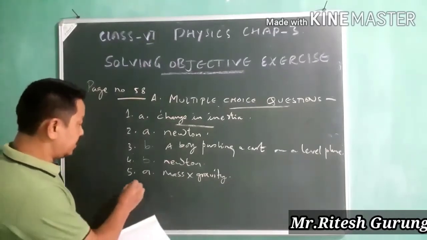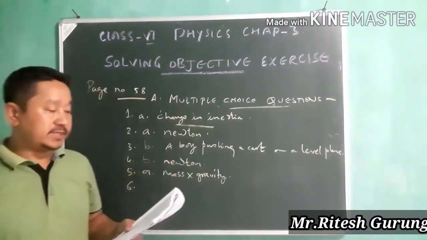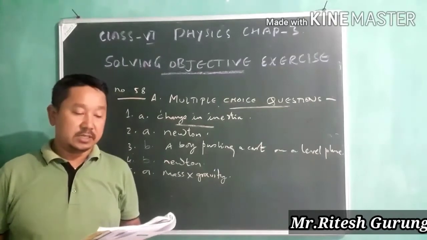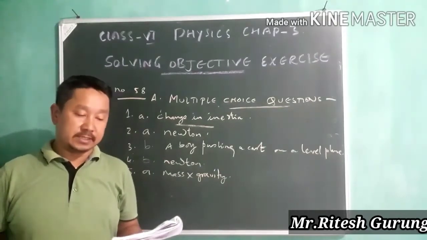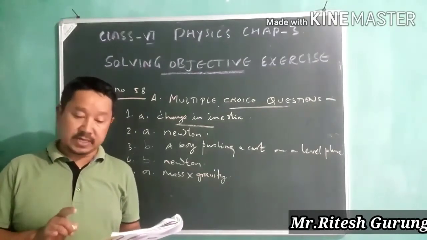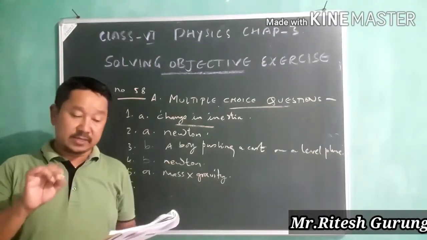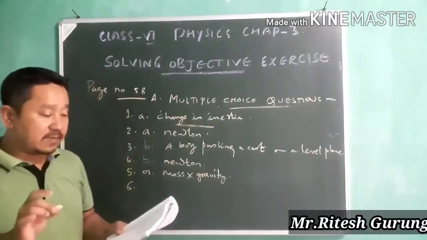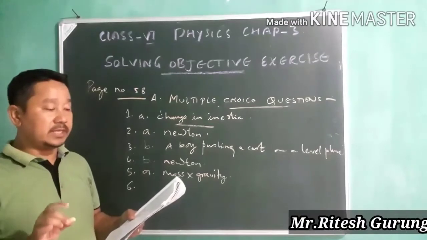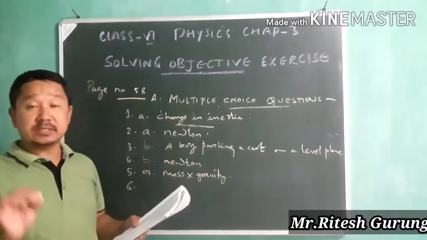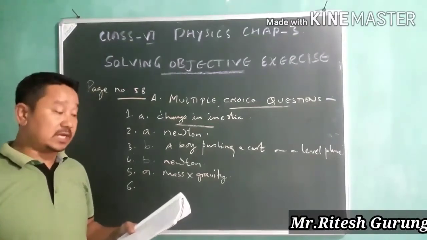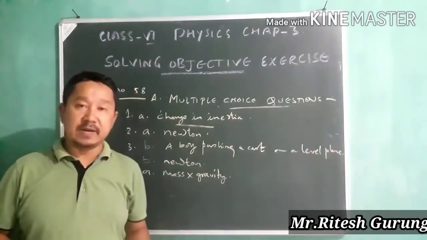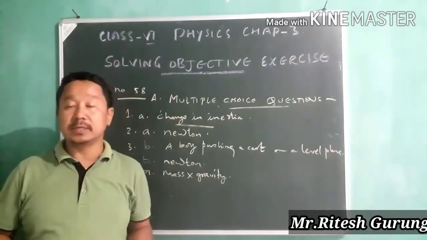Then we have number 6, the force of friction. The force of friction is: A, always disadvantageous; B, always advantageous; C, either advantageous or disadvantageous; D, neither advantageous nor disadvantageous. It's very clear that it is advantageous as well as disadvantageous.